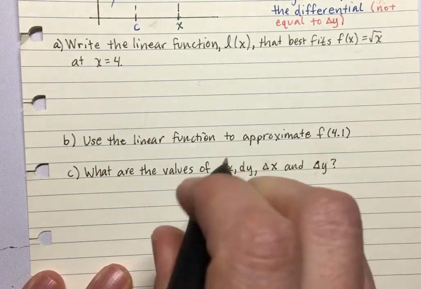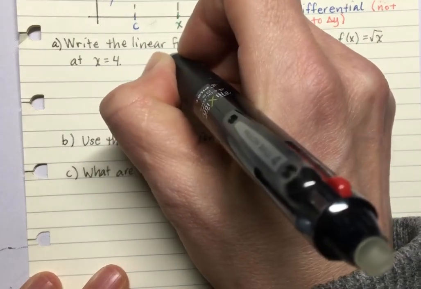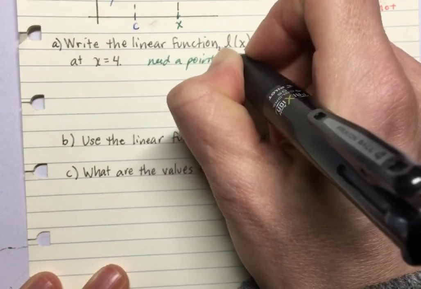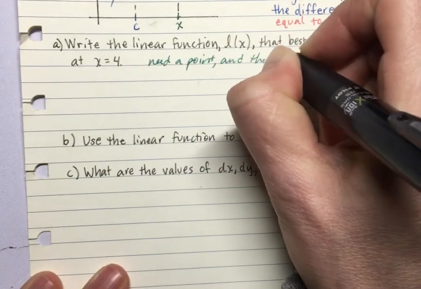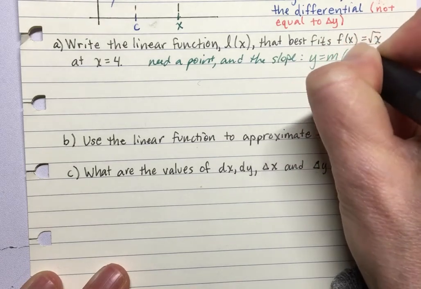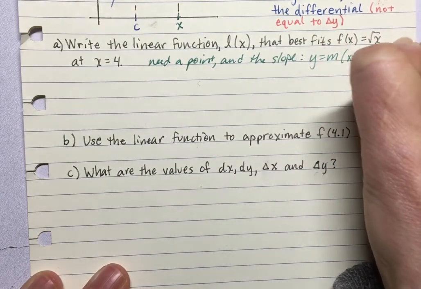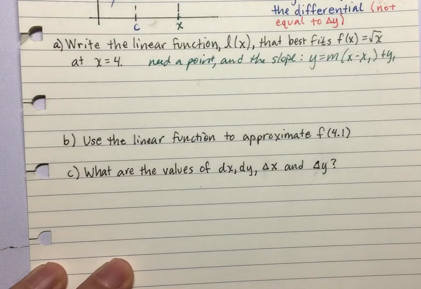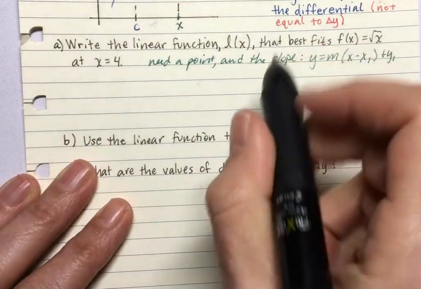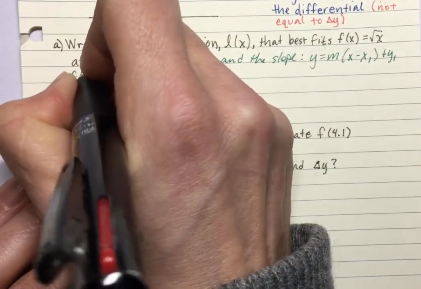We need a point and the slope. Not news, because that way we can do y equals m times x minus x1 plus y1. Old news there, right? So getting our derivative, f prime of x.